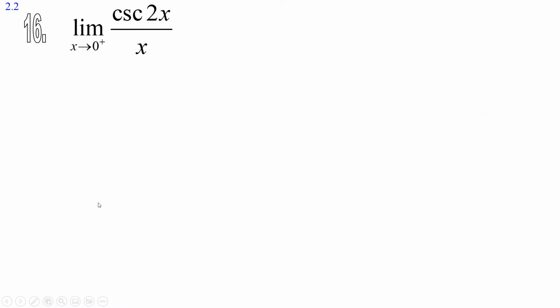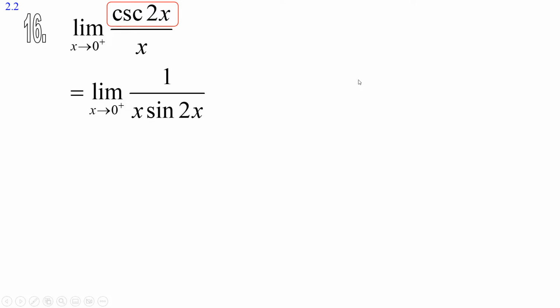All right. Cosecant. Well, I could probably see this a little better if I did that cosecant as 1 over sine. What do you think? Yep. So let's go 1x, and how about a sine of 2x? Okay.